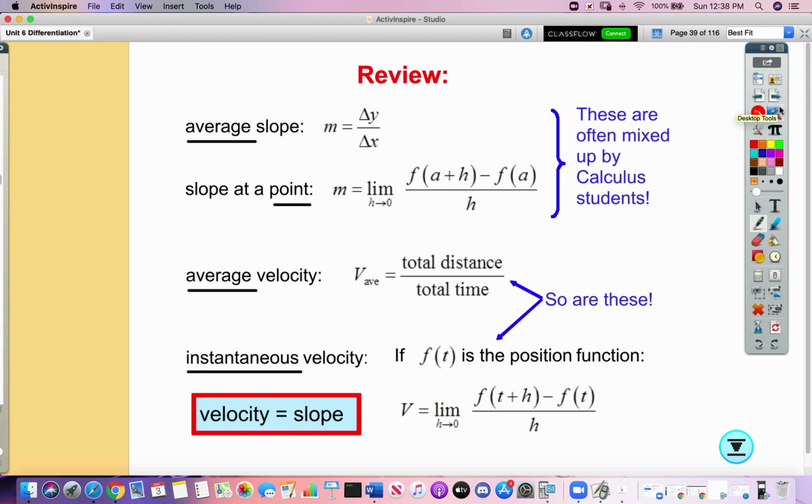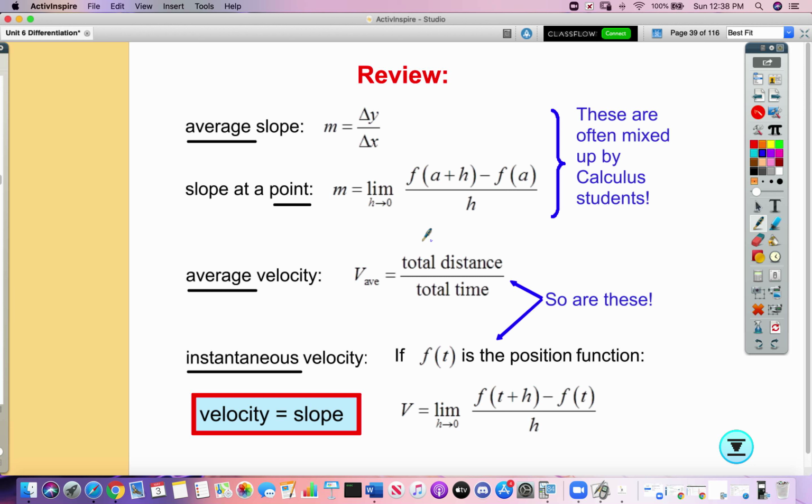Just to review, what we were doing in 7th grade math was calculating the average slope. So that's the slope between 2 points. What we learned how to do today was to calculate the slope when you only have one. And so it's often that these two formulas are mixed up by calculus students. Don't let that be you, okay? We also have average velocity.